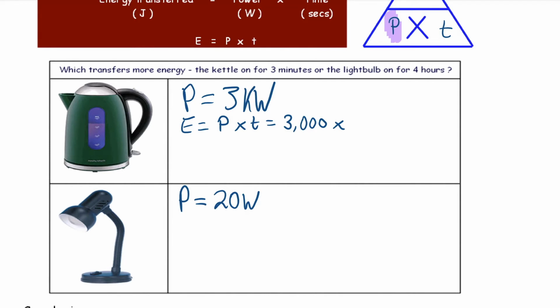And we've got to be working in time in seconds, not in hours, so we've got to convert 4 hours into seconds. The way of doing that is if we put time in brackets, so it's 4 hours, and in each hour we've got 60 minutes, and each minute we've got 60 seconds. It's just a matter then of putting that into a calculator.